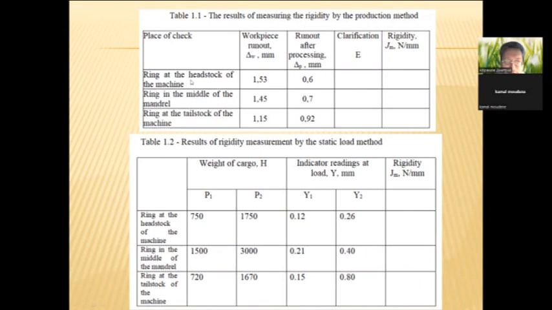For the ring at the headstock of the machine, delta W is equal to 1.53, and after processing 0.6.